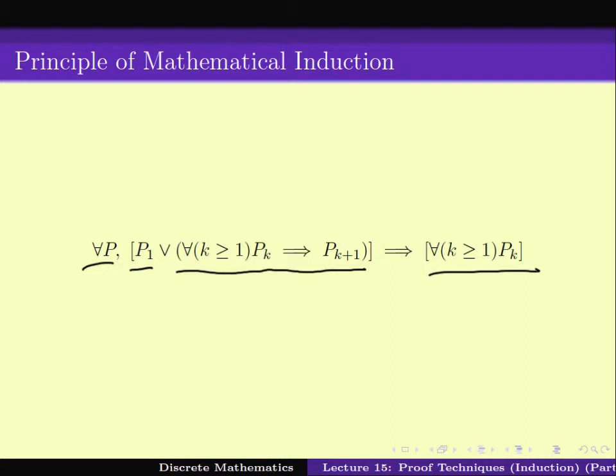It's a roundabout way of proving that for all k, Pk is true. It's a very powerful technique that we will be seeing more of in the next couple of weeks.